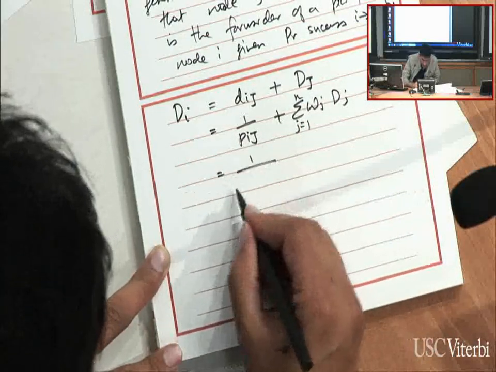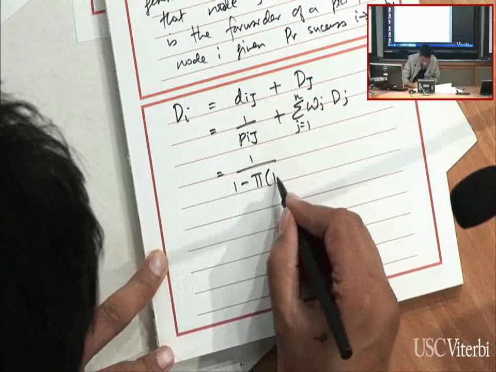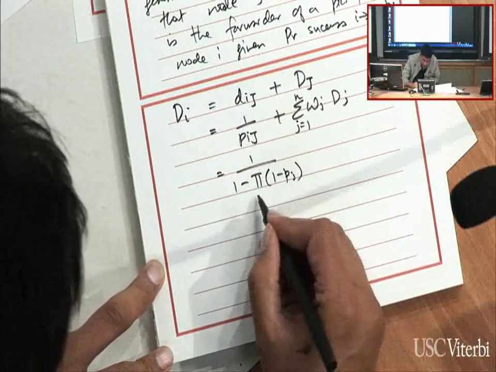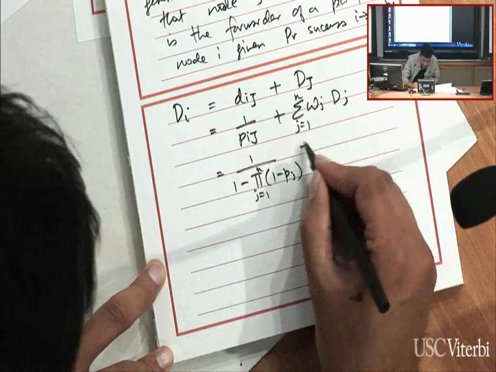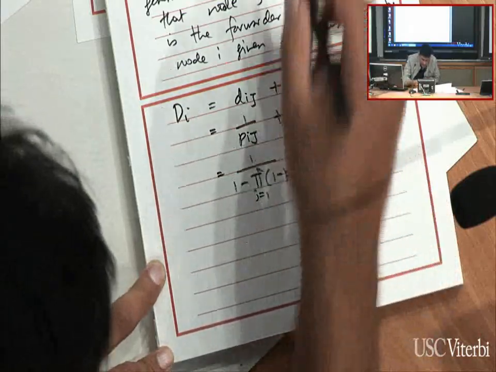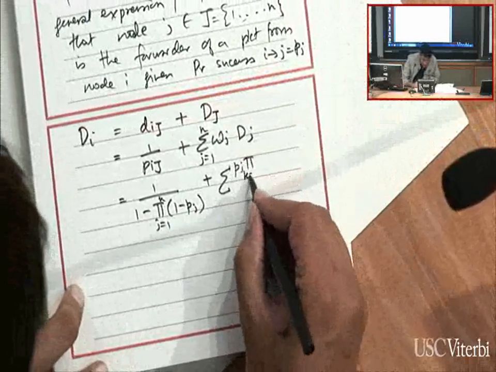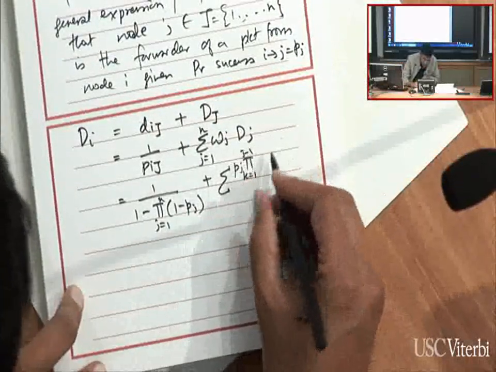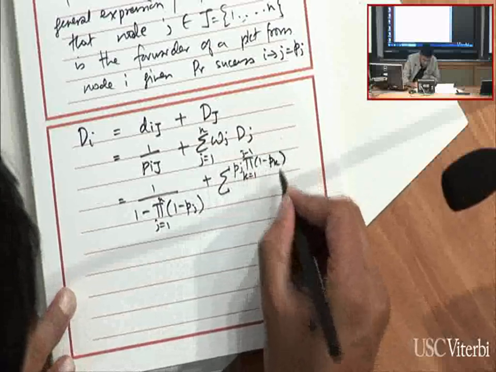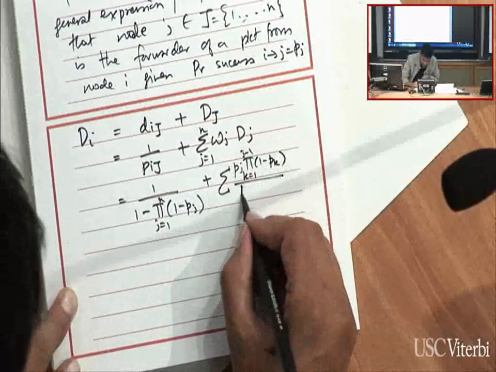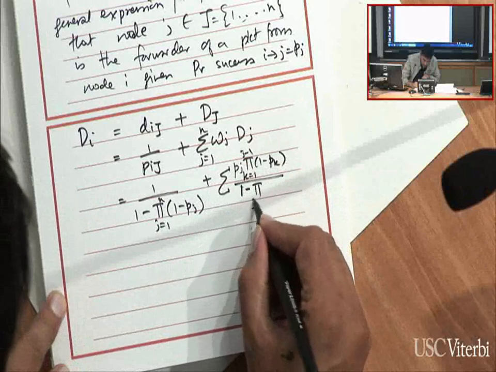This is 1 over 1 minus the product of 1 minus P_j. This is the summation of this expression we have on top here: P_j times the product k goes from 1 to j minus 1 of 1 minus p_k, over 1 minus.